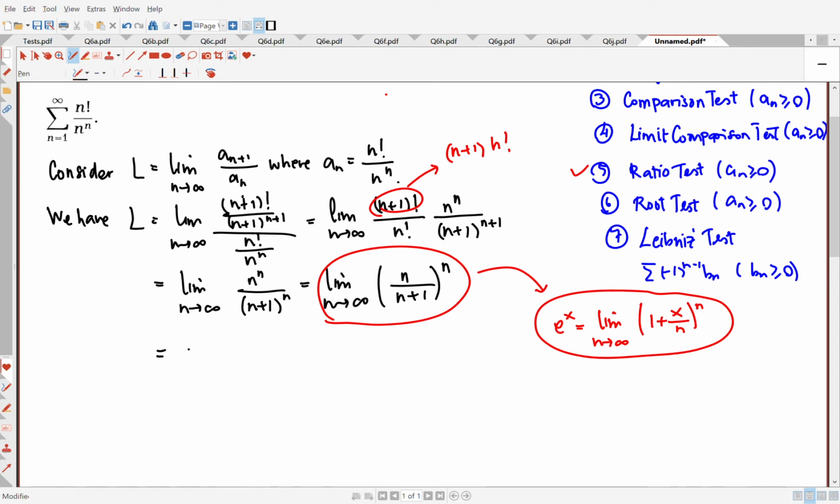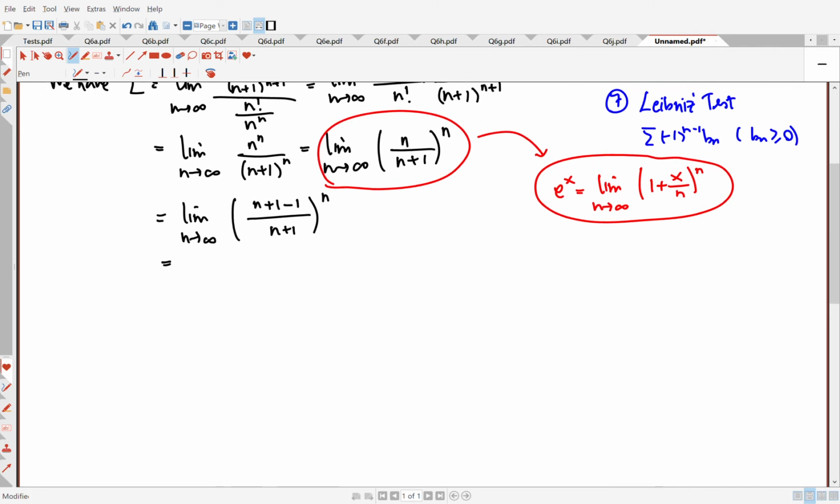So we have n plus 1 minus 1 over n plus 1, to the power n, and this is equal to the limit as n tends to infinity of (1 minus 1 over n plus 1) power n, right?